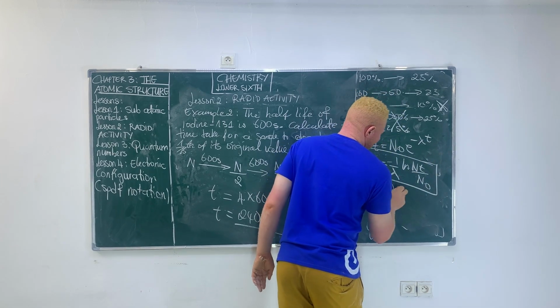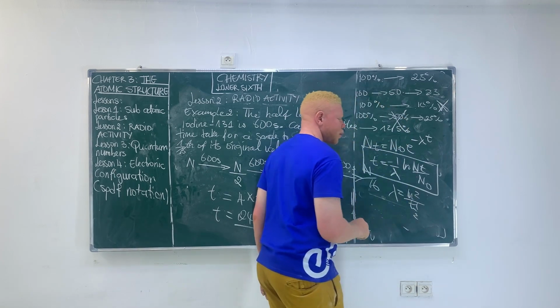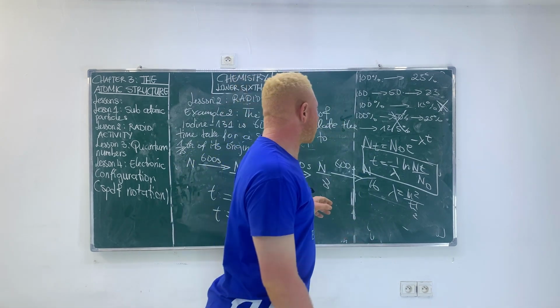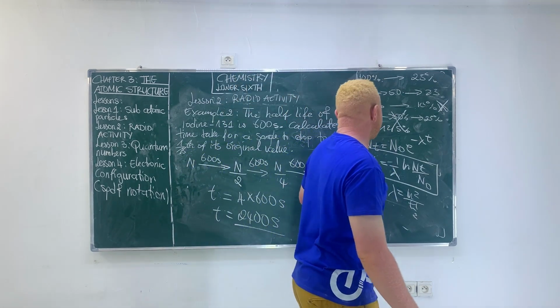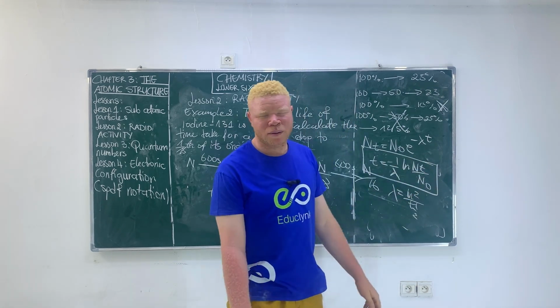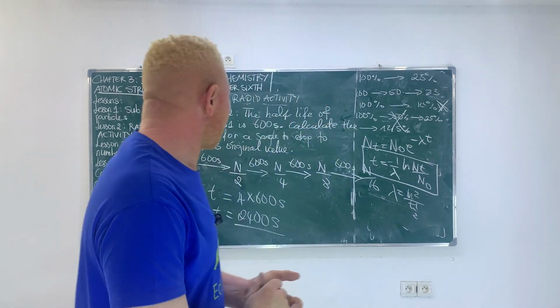In this case, you know λ: λ = ln 2 / t_half. Once you calculate your λ, you substitute it in, so that t = -(1/λ) ln(N_t/N_0). So that is all about lesson 2.